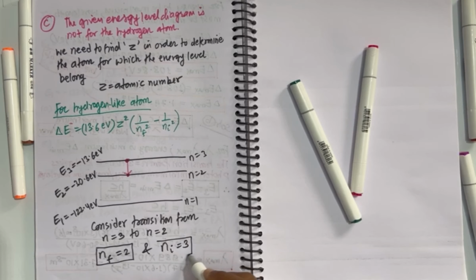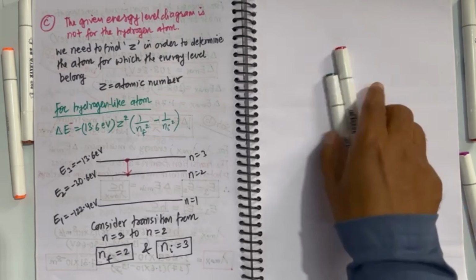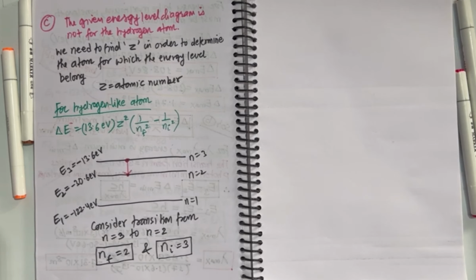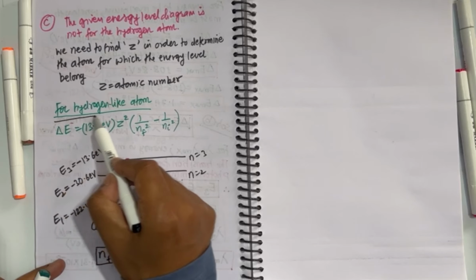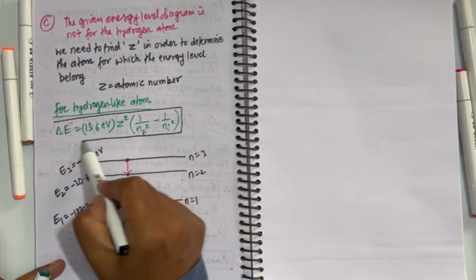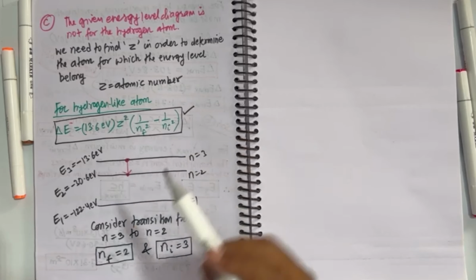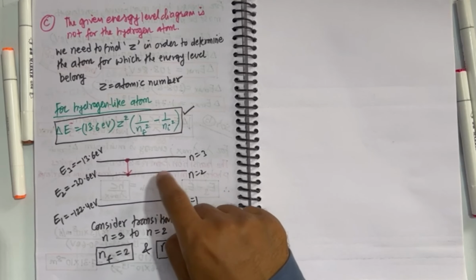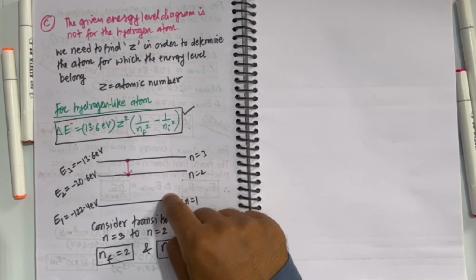NF is for final and Ni is for initial. We need to note this. Now we are going to use this equation to find Z in order to determine the atom to which this energy level belongs.